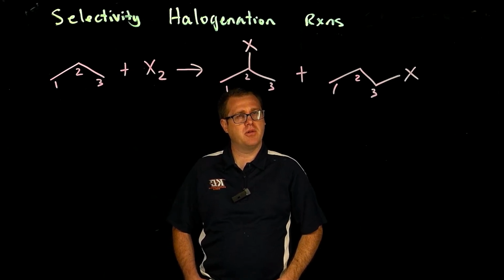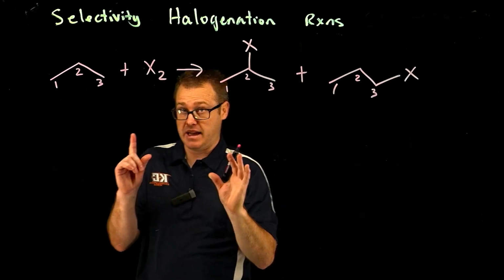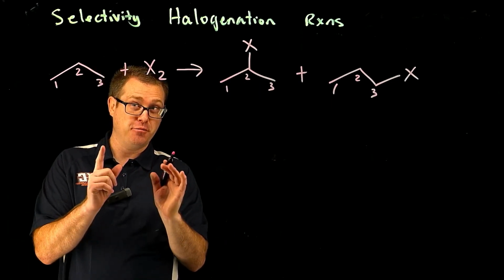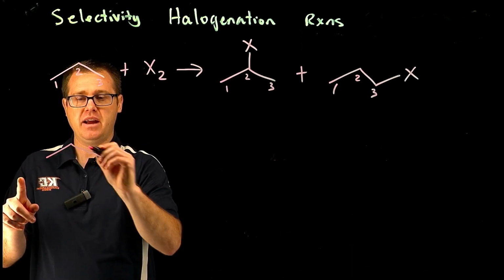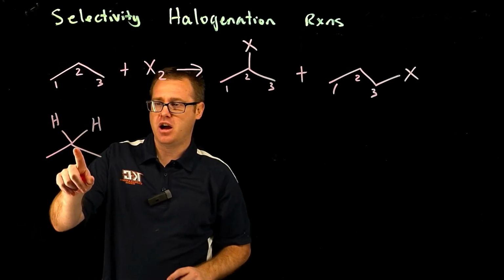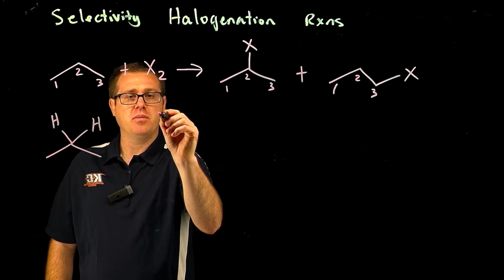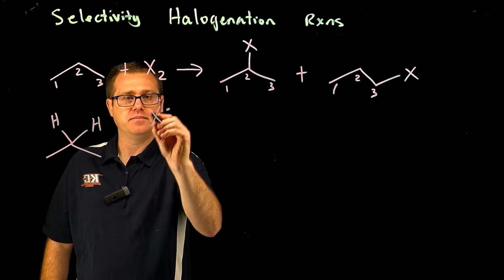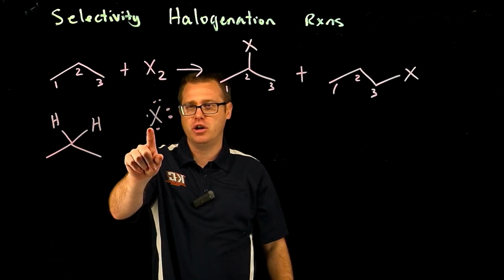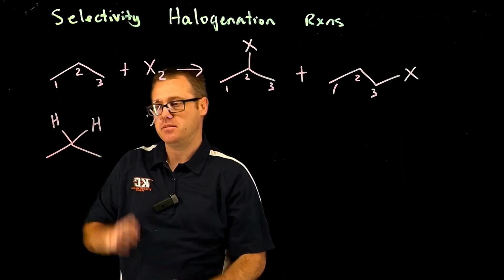Which one do you think would be favored, though? Well, if you analyze it like this, which is not the correct way, mind you, if you take propane, you see that on the carbon 2, you have 2 hydrogens. So once you form our radical, right, this radical could abstract this proton or that proton.